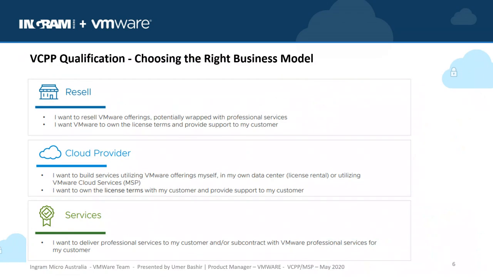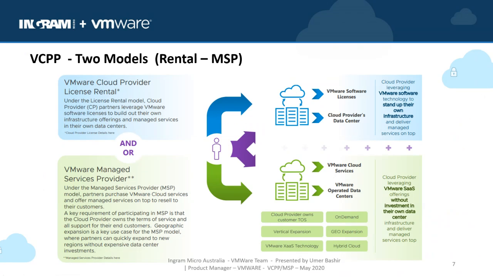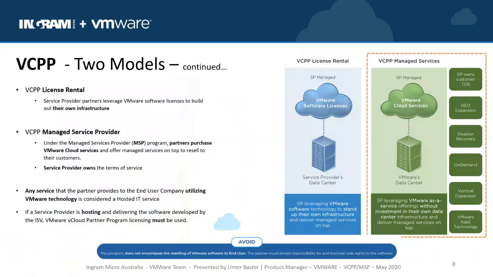You see the green part. This is the MSP program, and this is where different services are offered. Cloud Health is offered under it. VMC and AWS is offered under it. Mobility, AirWatch, and Workspace ONE are offered under it. Velocloud is also a part of this program.